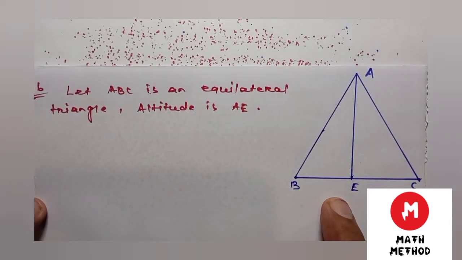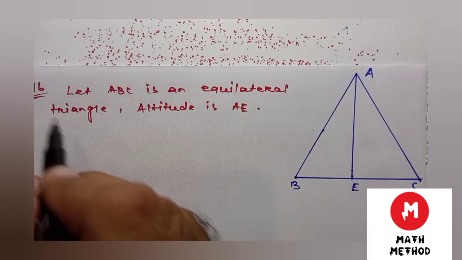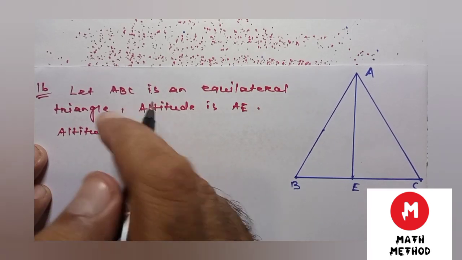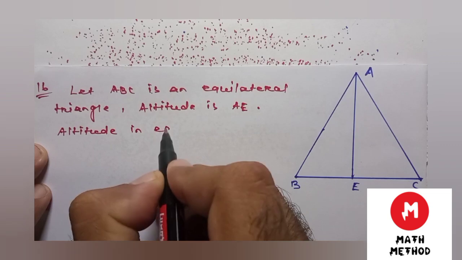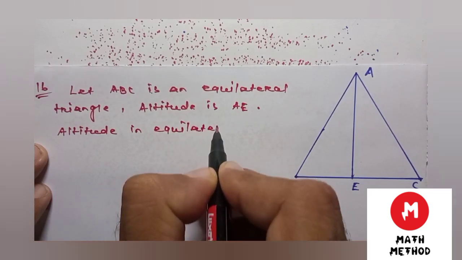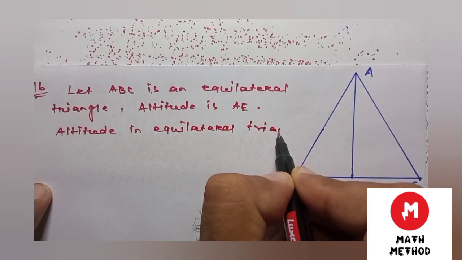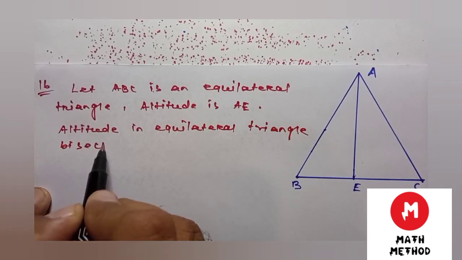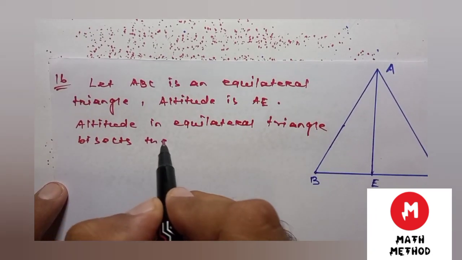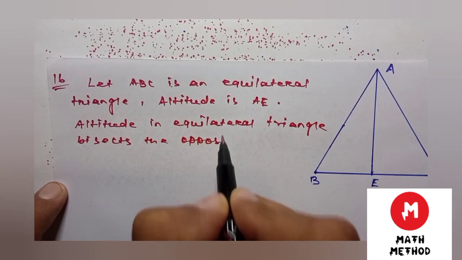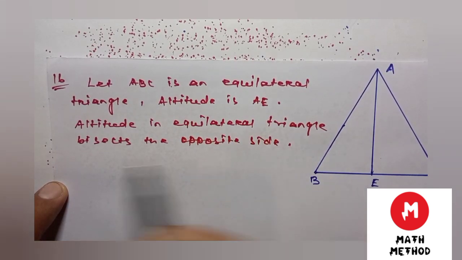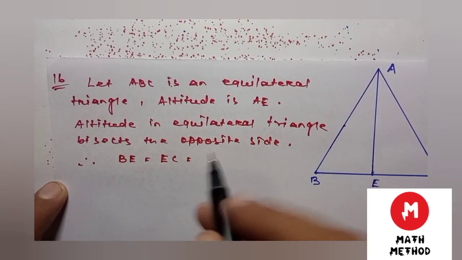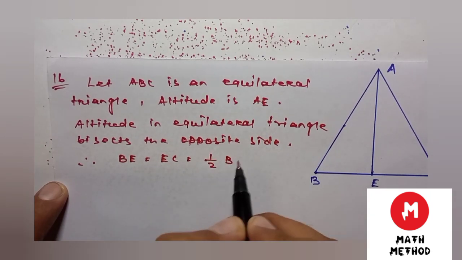Now we know that in an equilateral triangle, the altitude bisects the opposite side. Therefore BE is equal to EC, which is equal to half of BC.